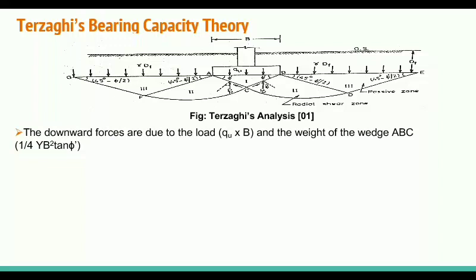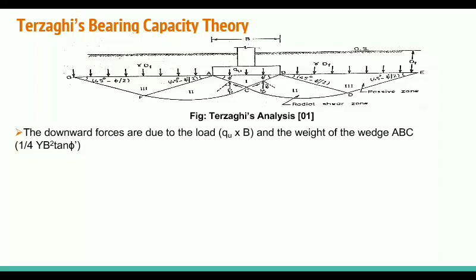So whatever the downward force coming from the load and the weight of zone 1, the wedge ABC, the vertical pressure developed at the sloping edges AC and CB is equal to the upward force.